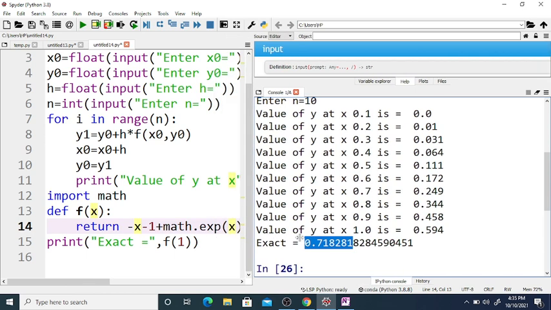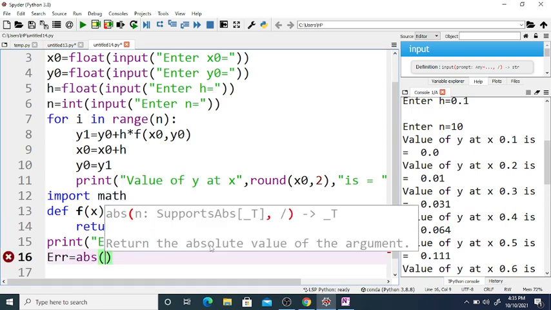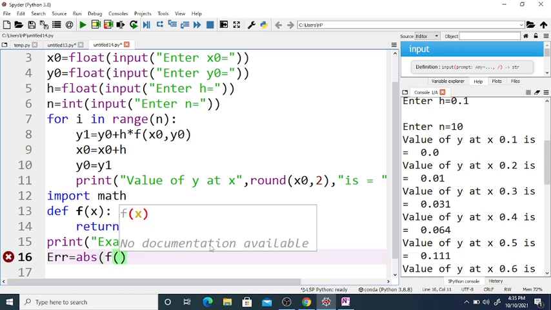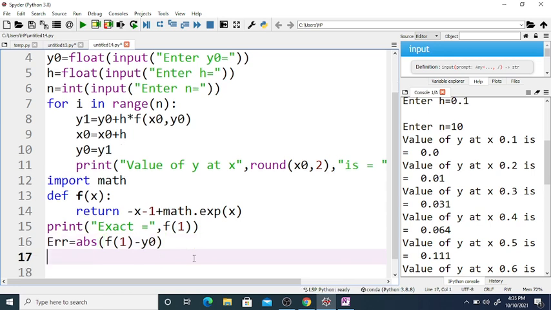So we can print the error also. So error is equal to the absolute value of f of 1, the exact solution, minus the approximate solution, which is y0, because finally y0 gives us the value at xn.